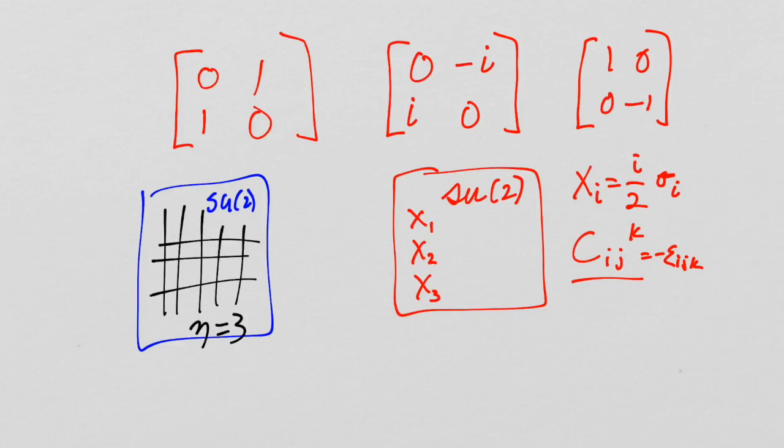Now you might think, well, wait a minute, these structure constants, what about the zero matrix? What if i or j or k is 0? Am I still closed? But you have to remember that the first matrix was the identity. And we saw this last time, it commuted with everything, so all of its structure constants were 0.